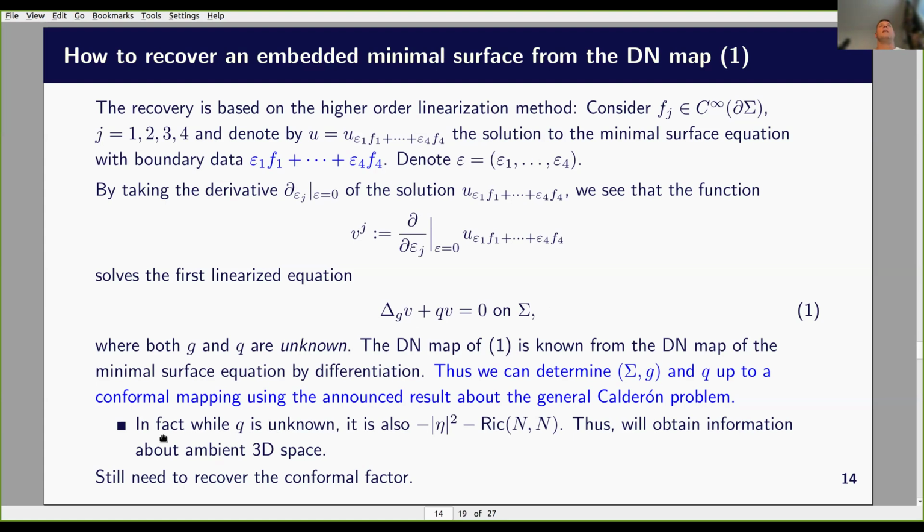Just a note that, while this potential q is unknown, it also has an expression where you see it's minus the norm of the second fundamental form squared and the normal component of the Ricci curvature. So this is the first instance where we see that we will also recover information about the 3-dimensional ambient space. Okay, so now we have recovered the minimal surface up to a conformal mapping, and we still have to recover the conformal factor. So let's go there next.